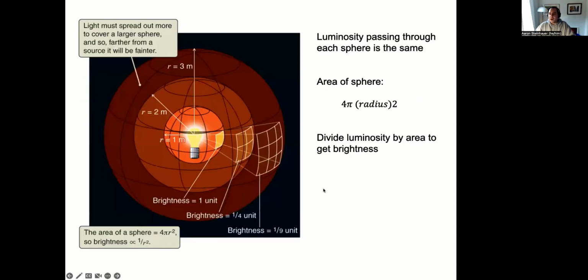These two things, how are they related though? The apparent brightness depends on how far you are away from that object. The further you are away, the lower the apparent brightness is going to seem. And so this is trying to show that visually. In fact, you can sort of figure out how much fainter it's going to look as we get further away.